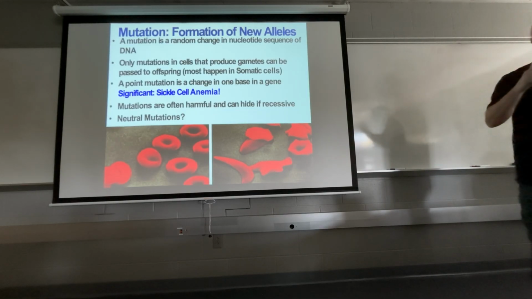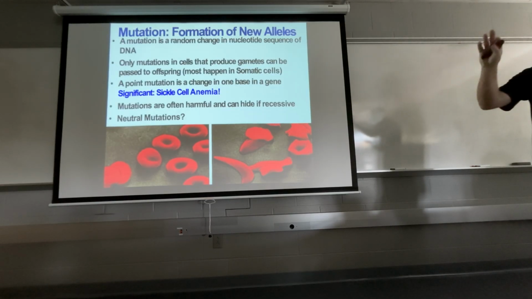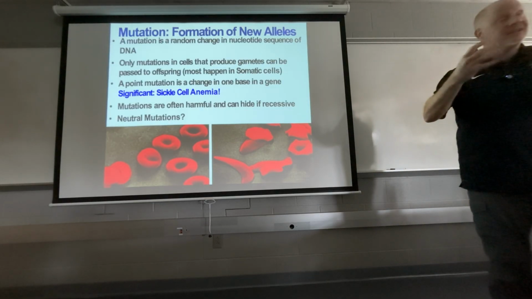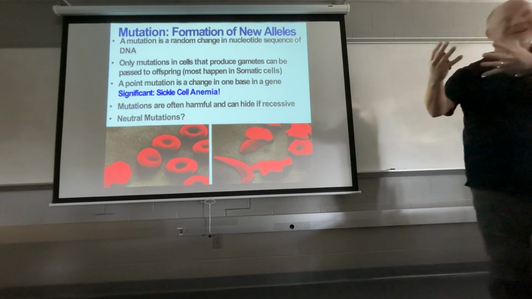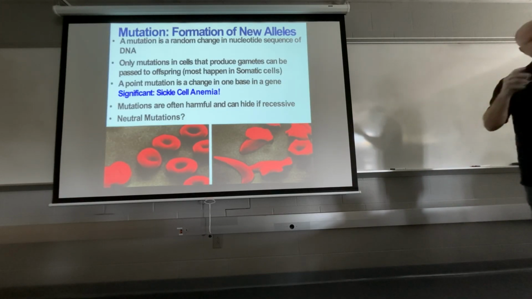The other thing I like to point out immediately is just because a trait is dominant and just because a trait is recessive doesn't mean one is more common than the other in a population. A population can be recessive dominant because the recessive trait is selected for, right? So it all depends on what the selection pressure is, right? So it's not dominant and recessive as being popular or not popular.